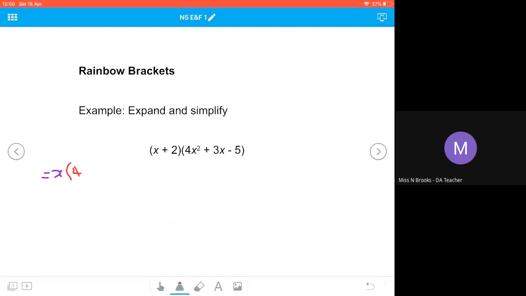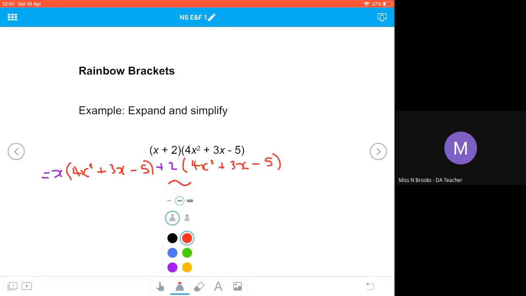So we've got x upon 4x squared plus 3x minus 5. And then we're going to take the second term of that first bracket and write our plus 2. And then we're going to write the entire second bracket, 4x squared plus 3x minus 5.